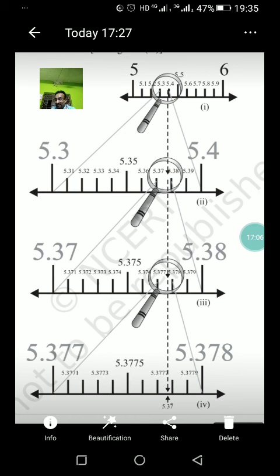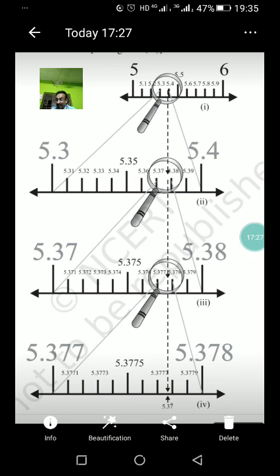First, we see on screen that 5.377 is located between 5 and 6. In the next step, we locate 5.377 between 5.3 and 5.4.